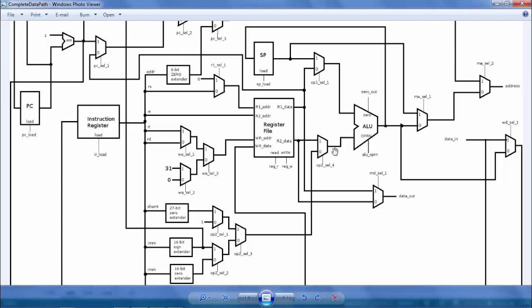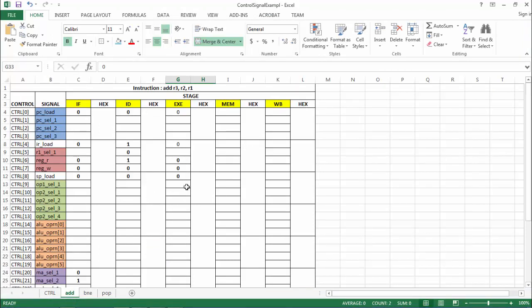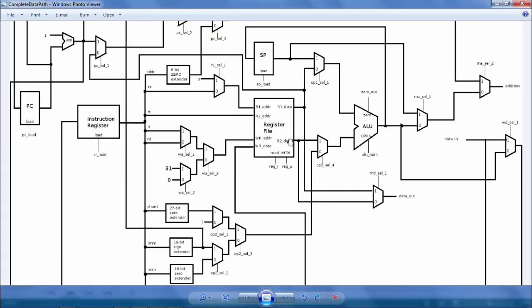Okay, so for this, you can pretty well see that the most important control signal to make sure R1 data is going out and being input into the ALU is that OP selection 1 must be at 0, right? So that's important. So let's make OP selection 1 as 0. And then how about the second operand, R2? This needs to be in the ALU operand.